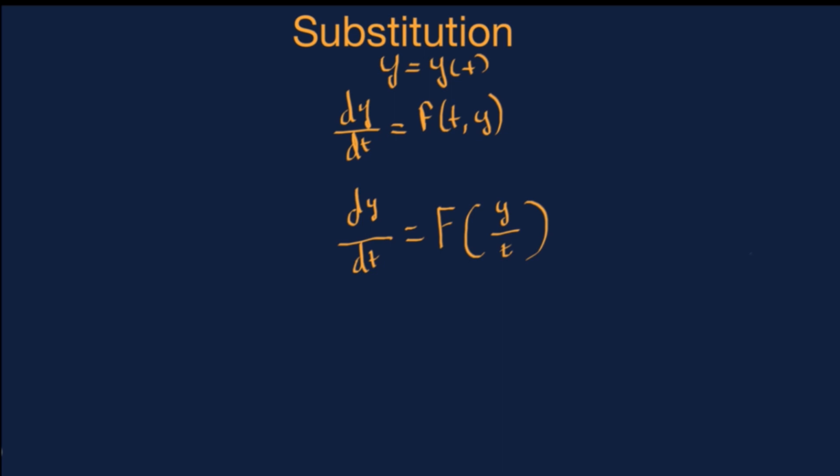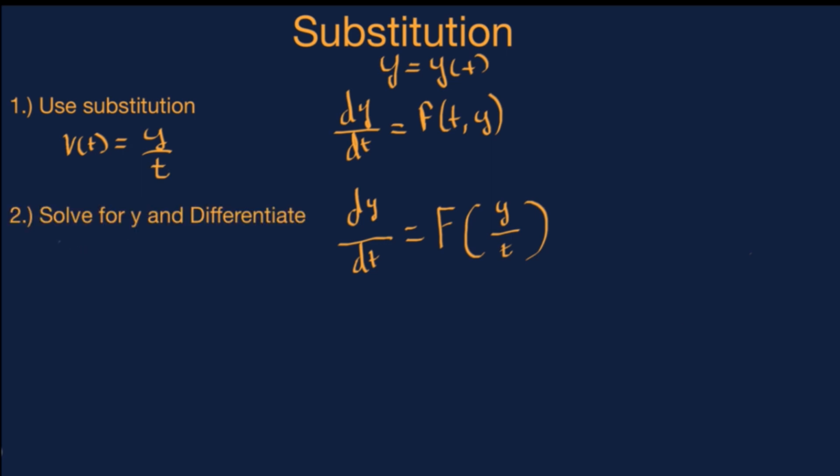And the first step of solving such an equation is to use substitution. So we can say that v of t is equal to y over t. And then we can rewrite this and say that y is equal to v times t, and then we can differentiate this.